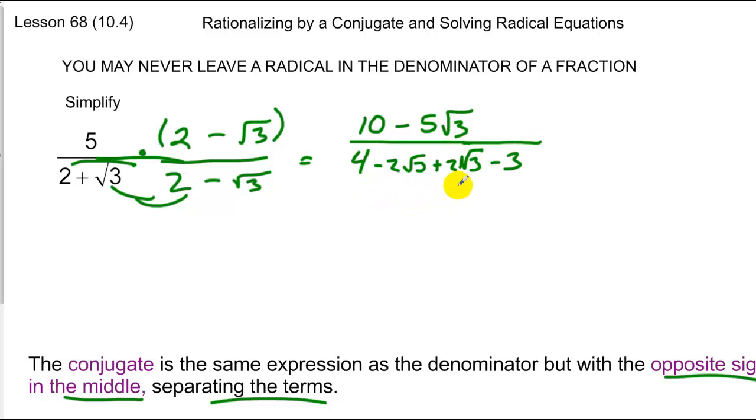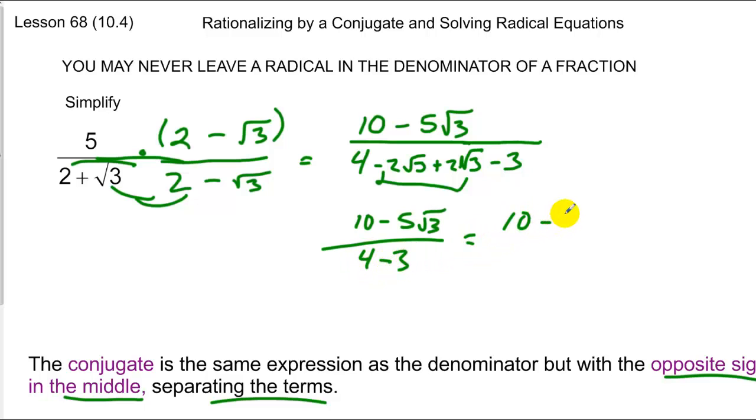So you'll notice the middle term goes away because 2 root 3 plus negative 2 root 3 is 0, leaving me with 10 minus 5 root 3 all over 4 minus 3, which is 1, or 10 minus 5 root 3.